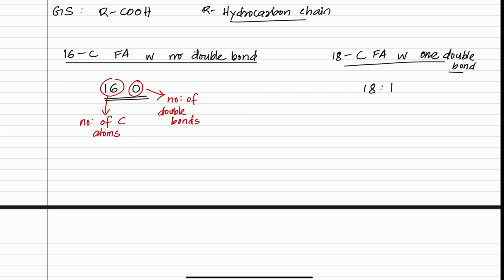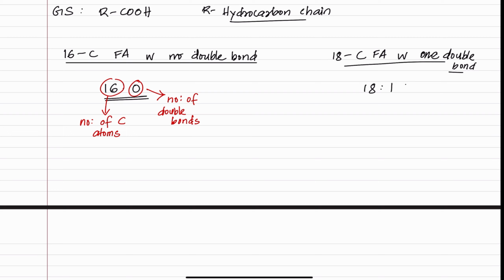But it's not that simple. We also need to specify the location of the double bond. An 18 carbon fatty acid with one double bond is oleic acid. The double bond present in oleic acid is between the 9th carbon and the 10th carbon.